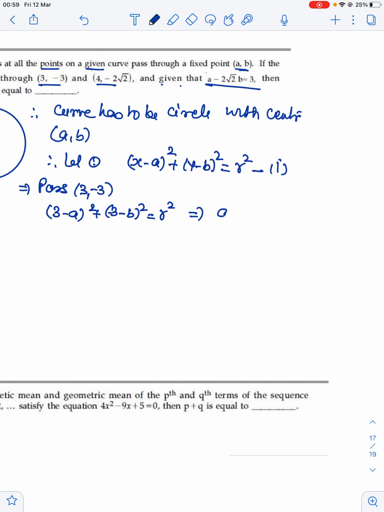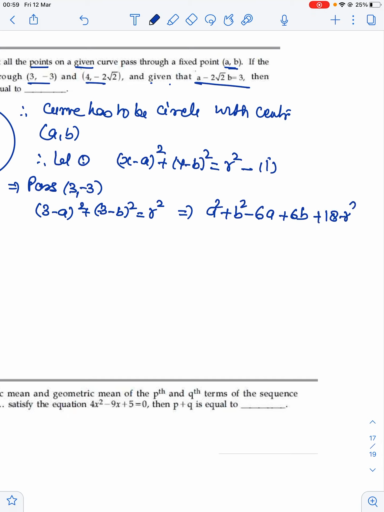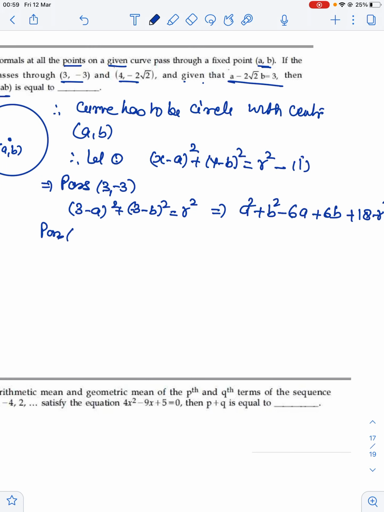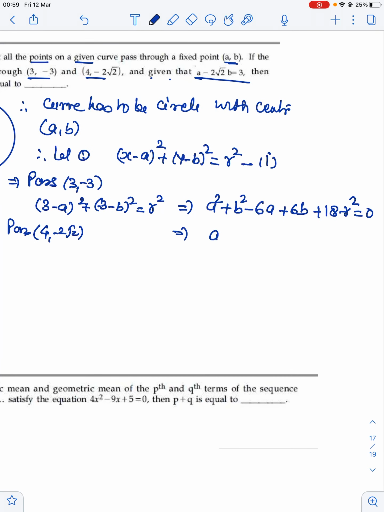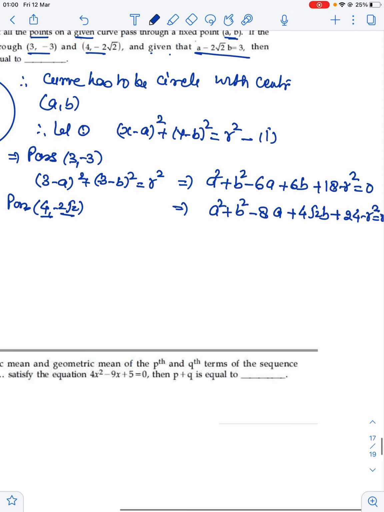This turns out to be a square plus b square minus 6a plus 6b plus 18 minus r square equal to 0. It also passes through 4 comma minus 2 root 2. So again in the same way we can have a square plus b square minus 8a plus 4 root 2 b plus 8 plus 16, 24, minus r square equal to 0.